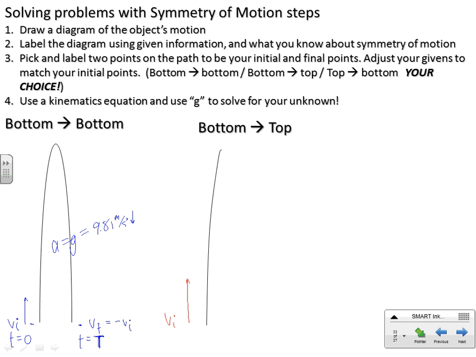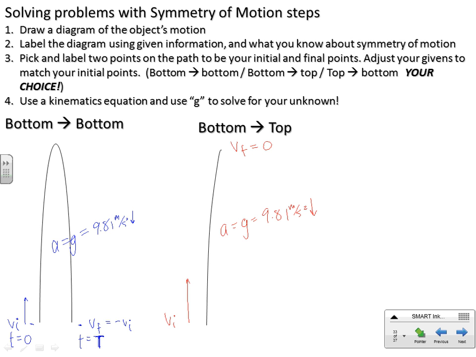I want to use that as the final instant in my analysis. So what we could do here is choose VF as 0. Even though we're not saying the motion ends there, as far as our analysis is concerned, let's just stop analyzing there. Again, A is G, 9.81 meters per second squared downward.